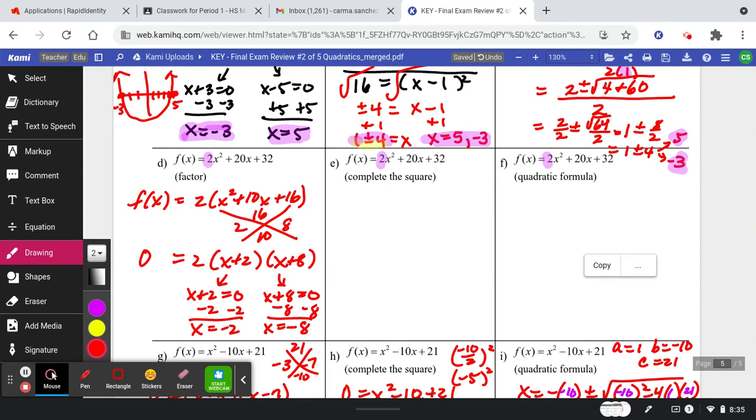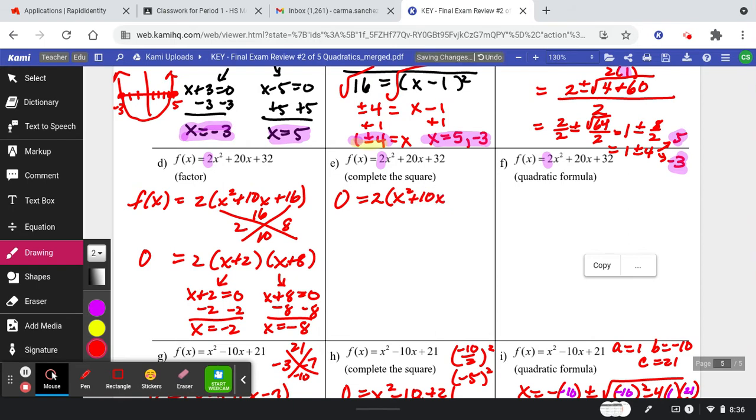Now go ahead and pause the video, try completing the square on that next one, see how you do. Okay, did you remember that when there's that coefficient of 2 out front, we've got to divide it out first? So take out the 2, and that leaves me x squared plus 10x.